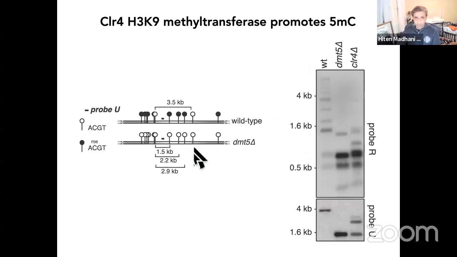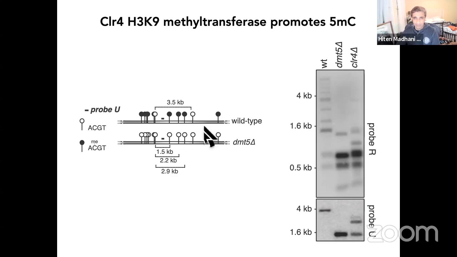Okay. So although I'm not going to show you any data, I'm going to show you an assay that we like to use, which is an old-fashioned Southern blotting assay. So what's shown on the right here are a couple Southern blots. And lanes in the Southern blot are wild type, a knockout of the enzyme DNMT5, and a knockout of the H3K9 enzyme Clr4.